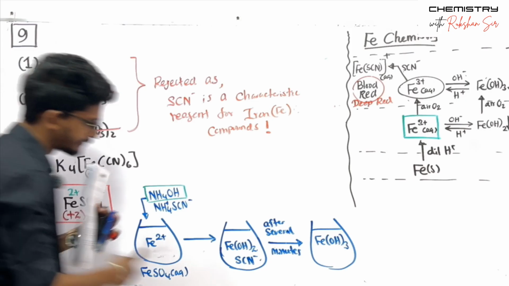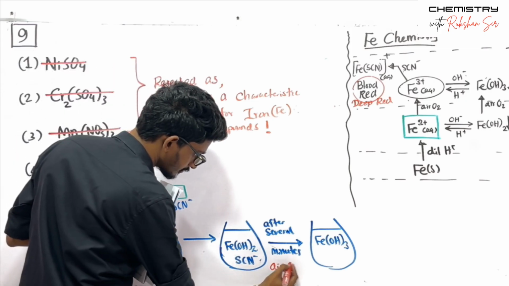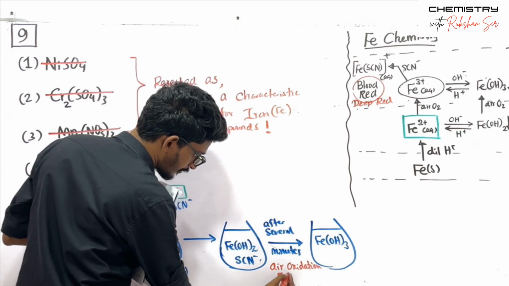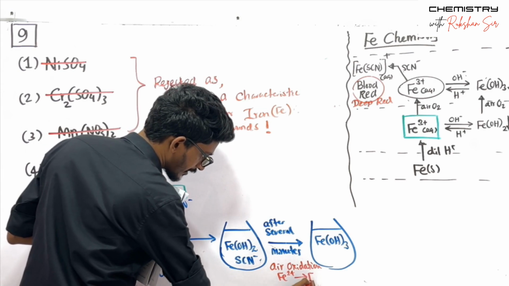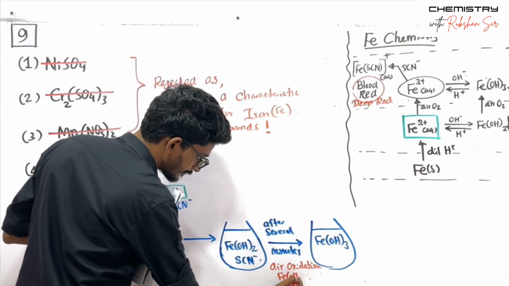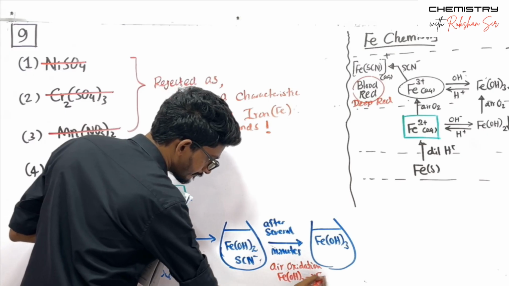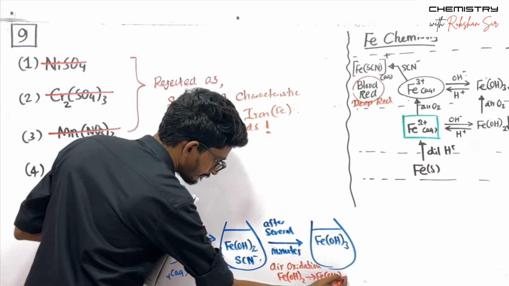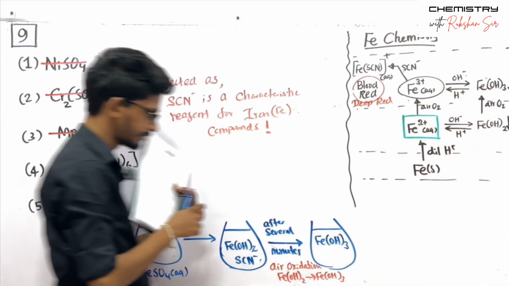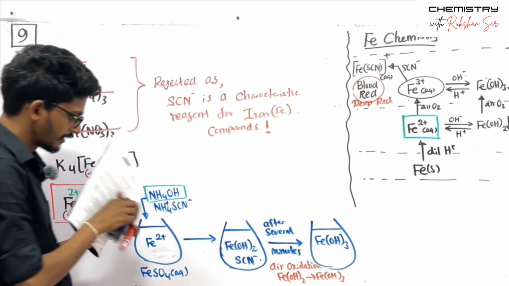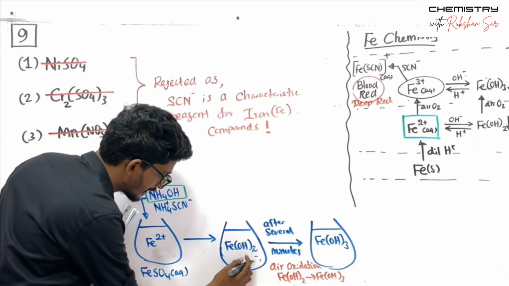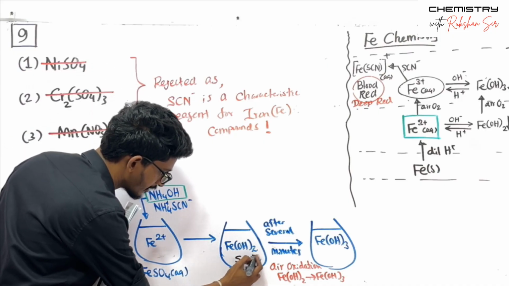Air oxidation of Fe2 plus to Fe3 plus, FeOH2 to FeOH3. This thing, right? Still, your solution contains SCN minus ions, which we added from here.